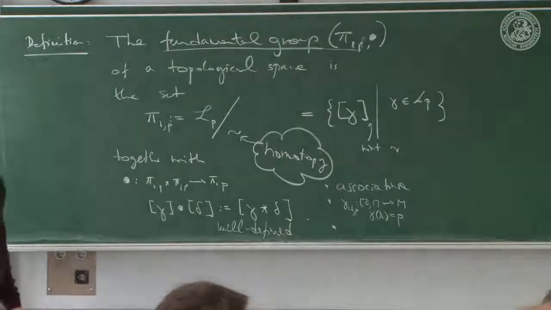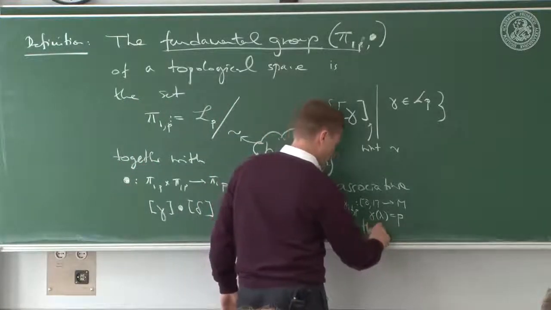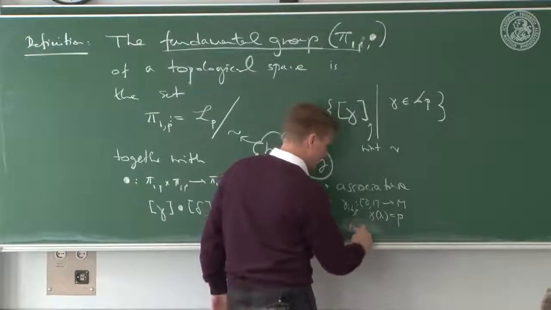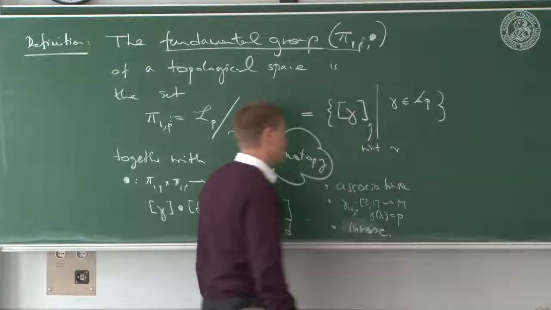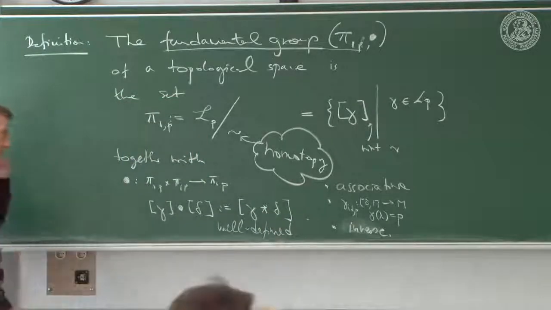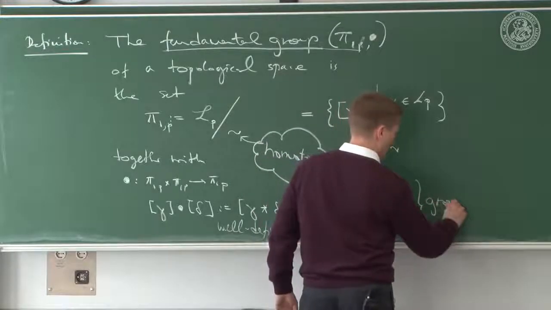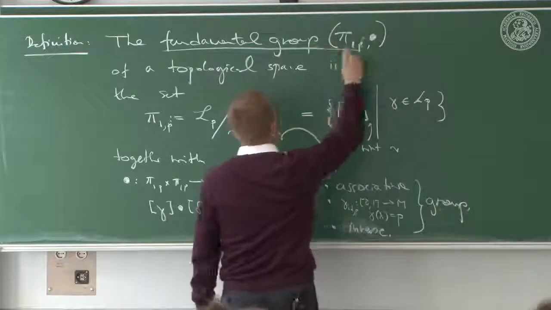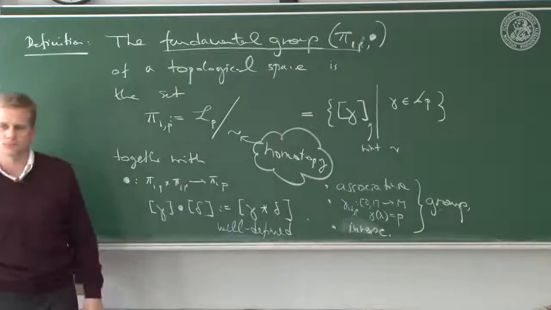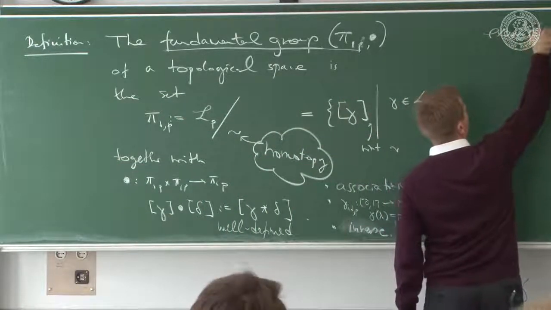Yes, that's true. You run through it backwards. So you also have an inverse. That means we know nothing about commutativity, but we have a group structure. So this is a group, it's called the fundamental group. Now, an example, or several examples, are in order.